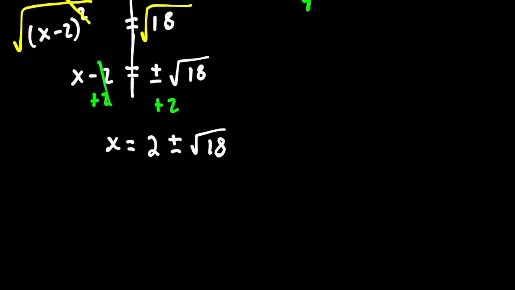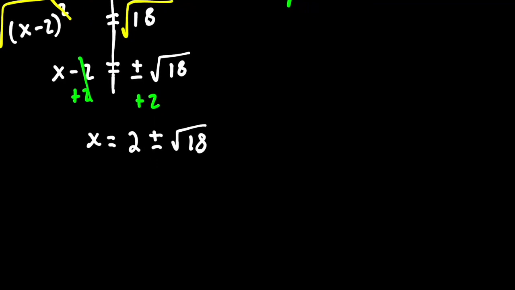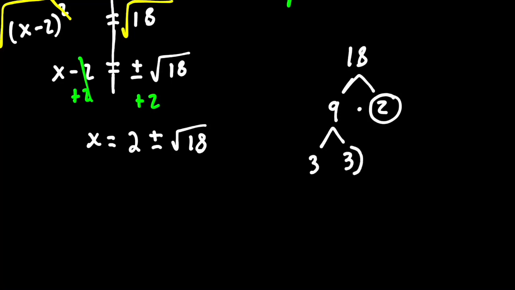And to do that, we will begin by exchanging the 18 for its product of primes. So I'm going to do the prime factorization. 18 is the same thing as 9 times 2, and the 2 is prime. The 9, I can exchange for a 3 times 3, and here the 3's are prime.